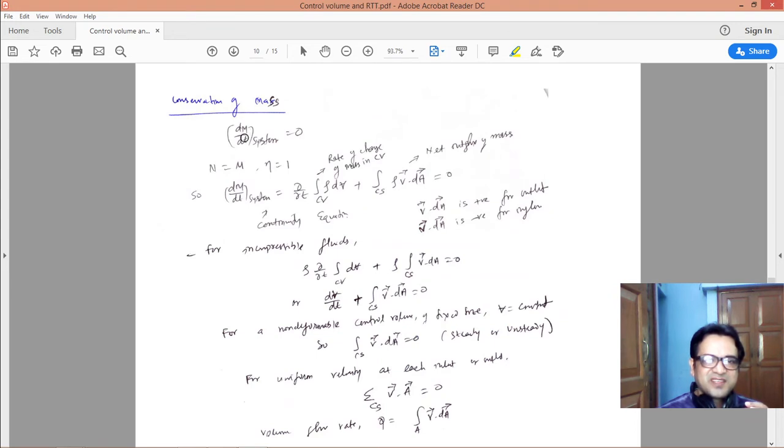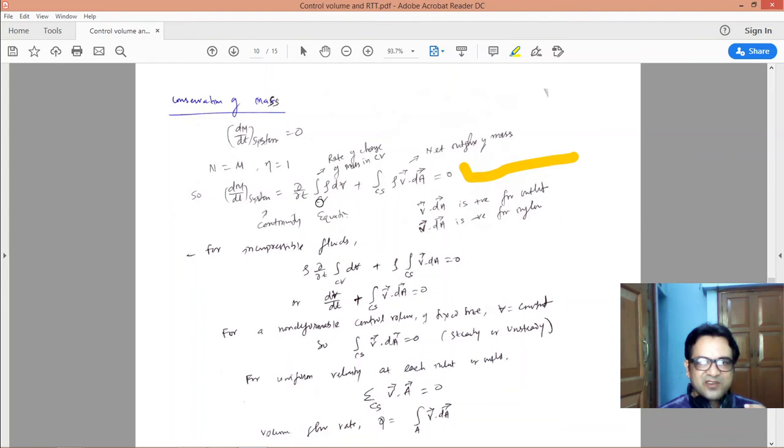The rate of change of mass for a system is 0, because as per the definition, a system has fixed mass. So dm by dt for the system is 0, and the left side term in the Reynolds transport theorem will be 0. If N equals m, eta equals 1, then dm by dt for the system is del by del t of integration rho dV plus integration rho v dot dA, because eta equals 1 here.